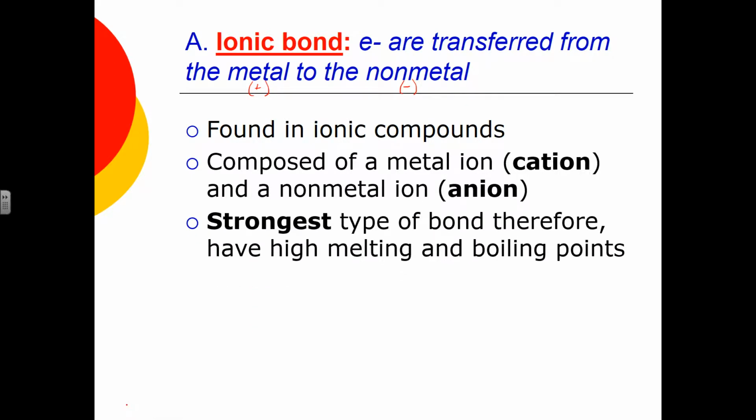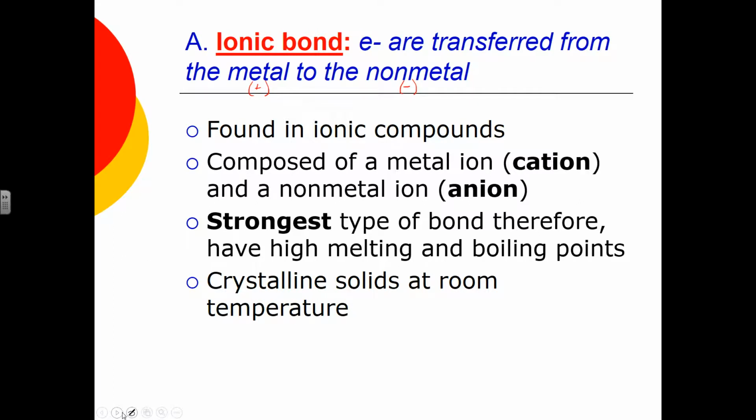Ionic bonds are the strongest types of bonds. Therefore, they have very high melting points and very high boiling points. This is due, again, to the fact that this is a very strong bond.